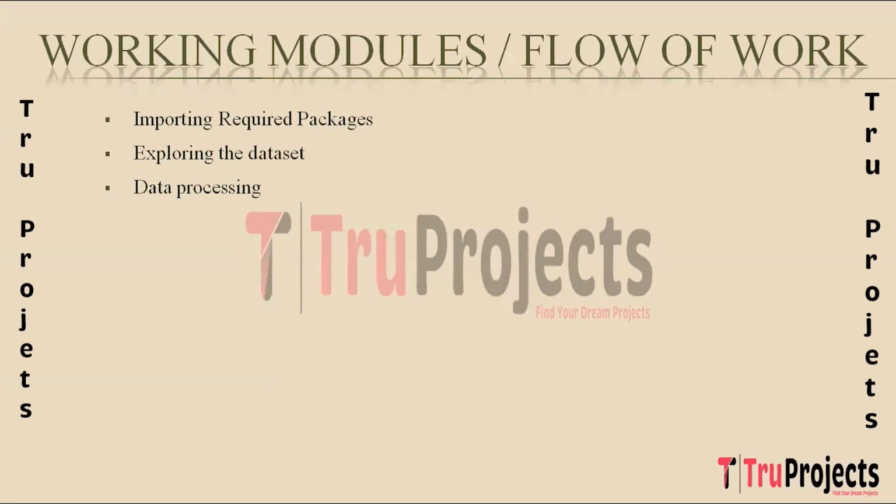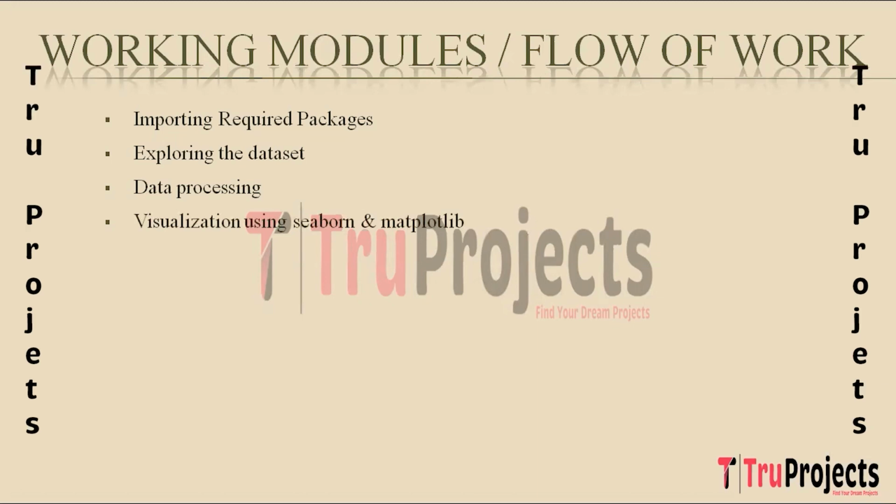The third step is data processing. In this step, duplicate data is removed to ensure data integrity and irrelevant columns are dropped for streamlined analysis. This enhances the dataset's quality for subsequent steps. The next step is visualization using Seaborn and Matplotlib. So here, Seaborn and Matplotlib are employed to visualize patterns, relationships, and distributions within the dataset.